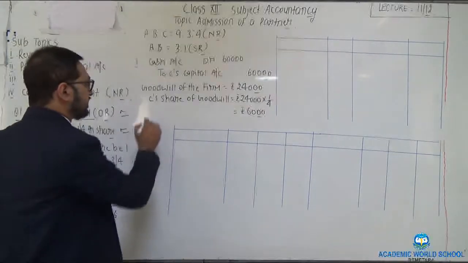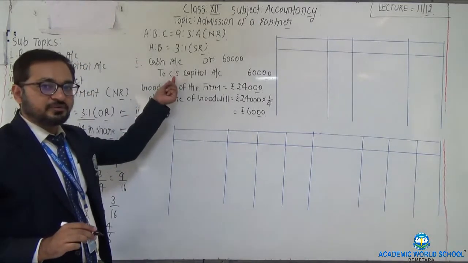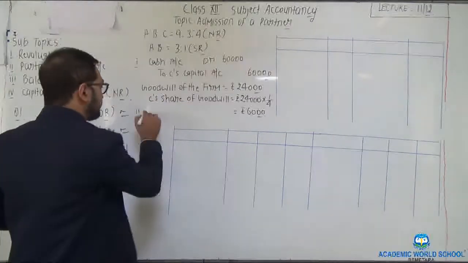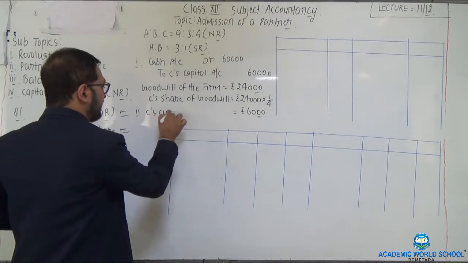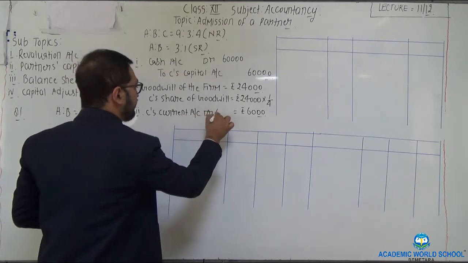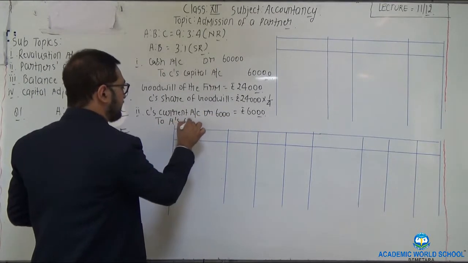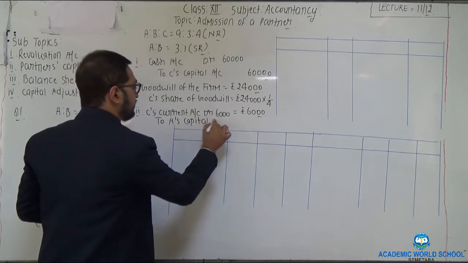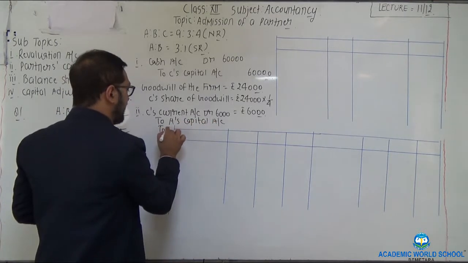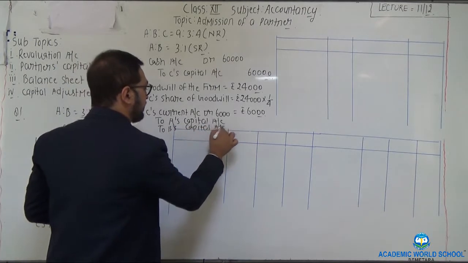So what would be the journal entry? As C was unable to bring his share of goodwill premium in cash, C's account is to be debited. Journal entry would be C's account Dr, amount being 6,000, to sacrificing partners' capital accounts, that is to A's capital account and to B's capital account.